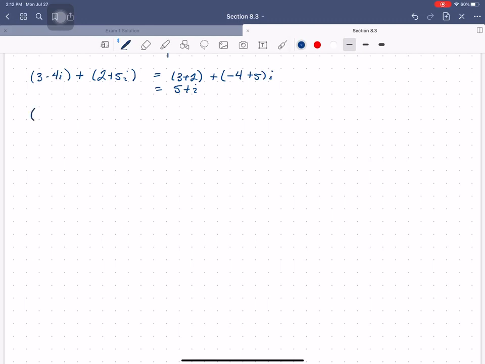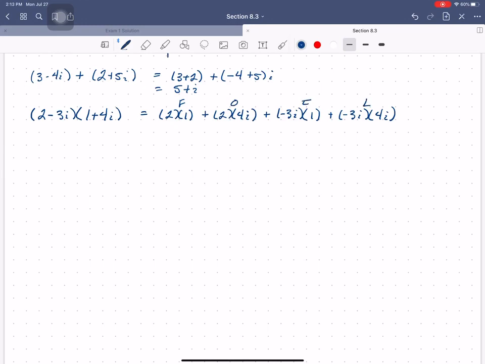So let's suppose we want to multiply 2 minus 3i times 1 plus 4i. This is really the multiplication of two binomials, so we have to FOIL this out. So this is first times first, plus outer times outer, plus inner times inner, plus last times last. So first, outer, inner, last.